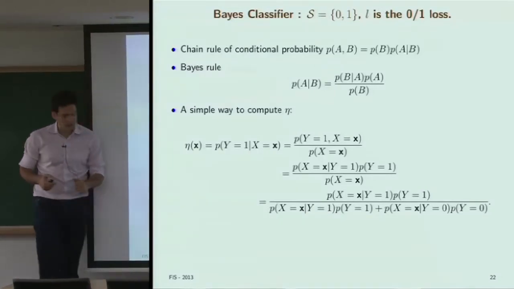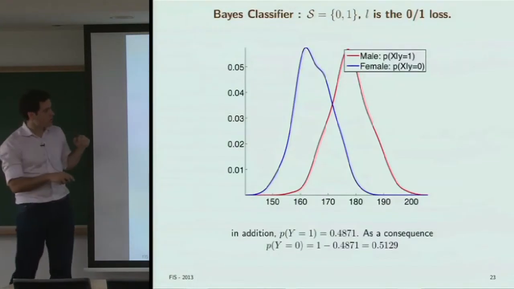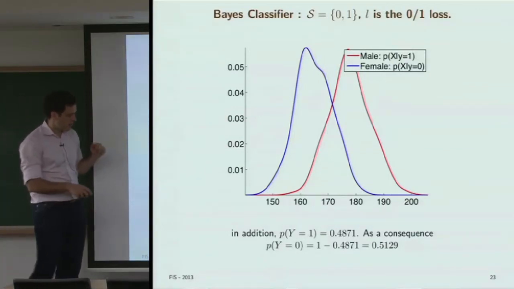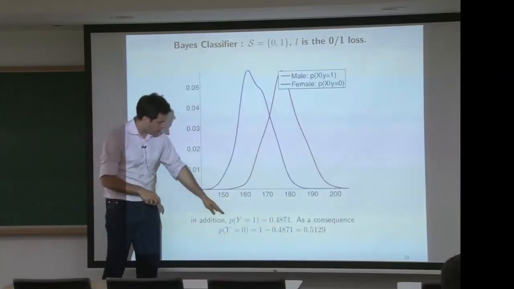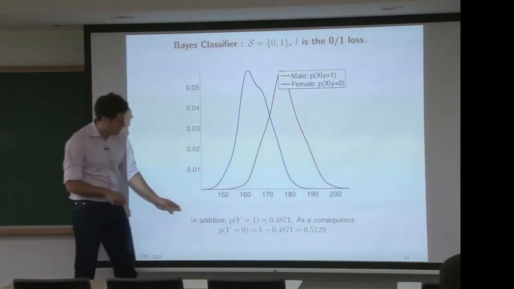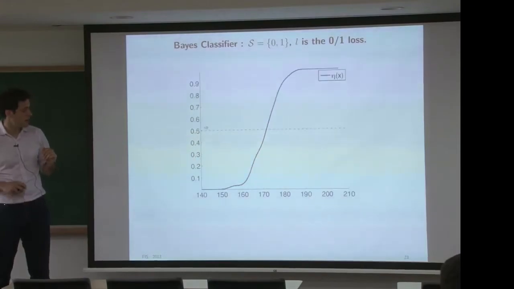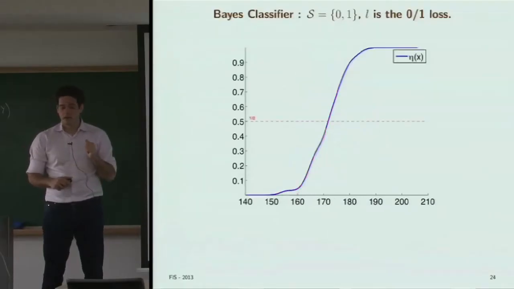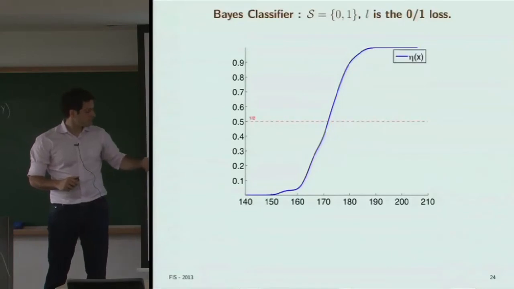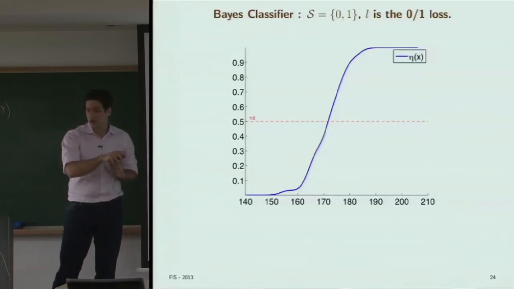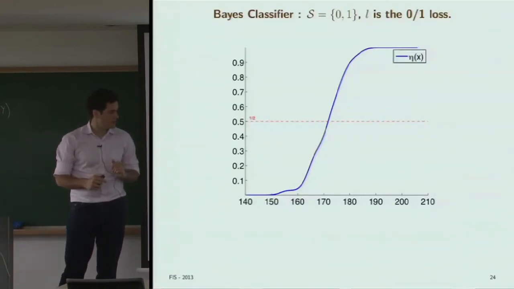I'm just writing this because if your curves were initially those two, the male density and the female density, and then you have the prior probability of y equals 1 and prior probability of y equals 0, then you can compute this curve. If you check the scripts that are online for this lecture, you will see how you can compute this curve using only those densities.